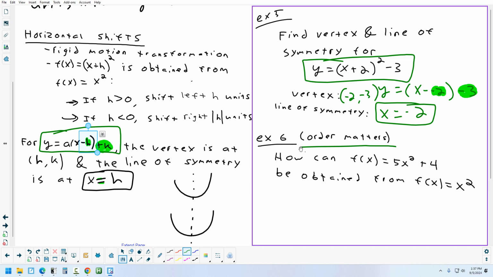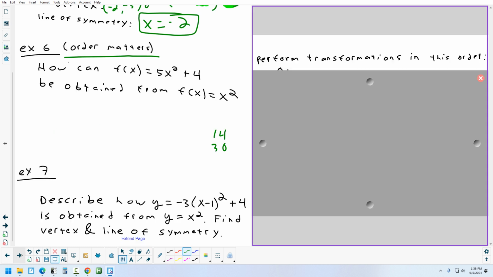And then add 4, you get 14. Now let's add 4 first. If you take the number 2 and you add 4, what do you get? 6. Now multiply by 5. 30. It's not the same thing. So if you don't do the transformations in the right order, you won't get the same answer. So what is the order?